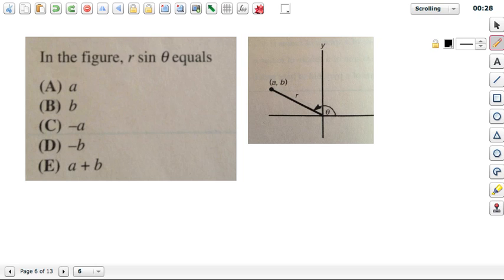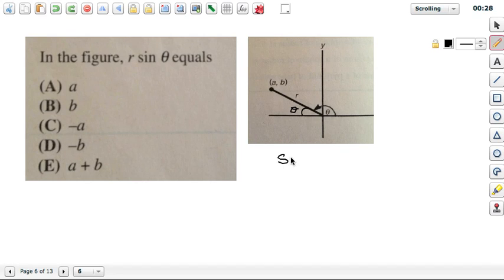Okay, here's another one. Pause your video now and try this. In the figure, r sine theta is equal to what? So we know that this is the reference angle. We're allowed to use the reference angle, which will give the same answer as theta.